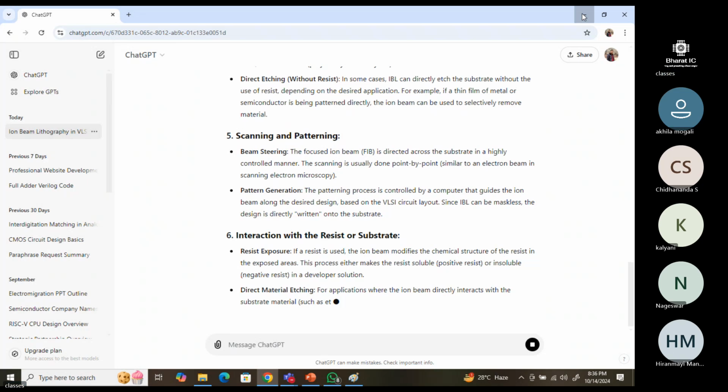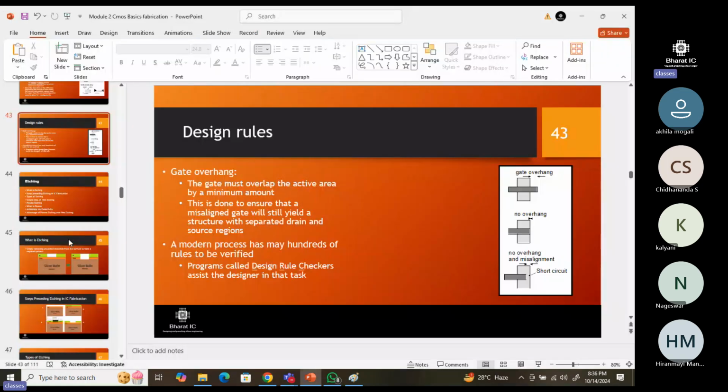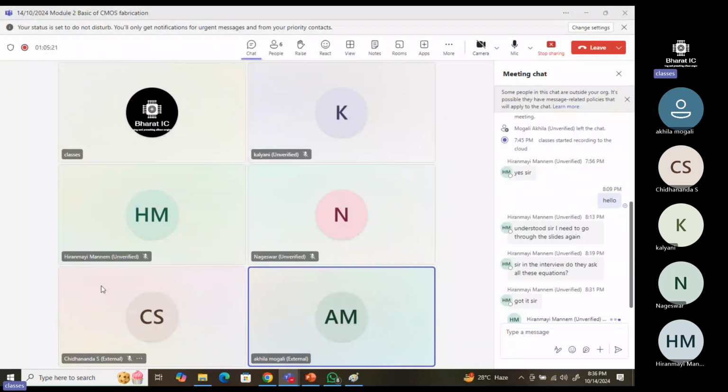Okay. Now, is it okay, Akila? In detail? Yes, sir. You can use Chat GPT. Of course, you can search over Google also. That's not a big issue. See, fabrication itself is comprised of chemistry and physics and mathematics.